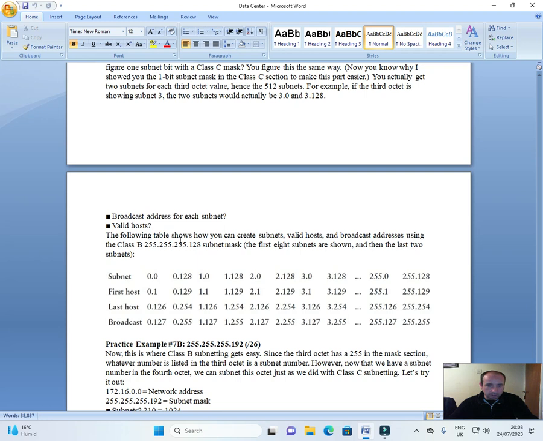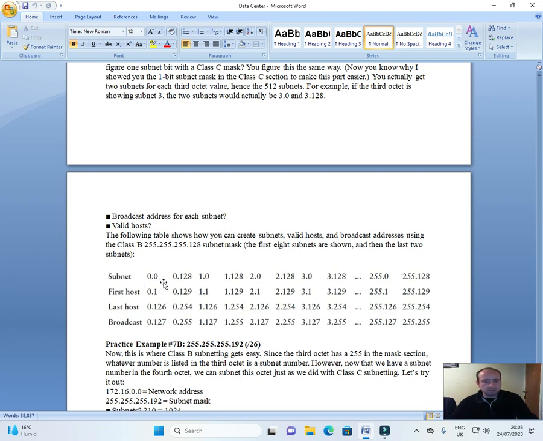The following table shows how you create subnets, valid hosts and broadcast addresses using the Class B 255.255.255.128 subnet mask. The first 8 subnets are shown, and then the last 2 subnets.